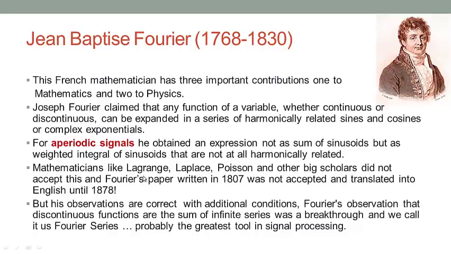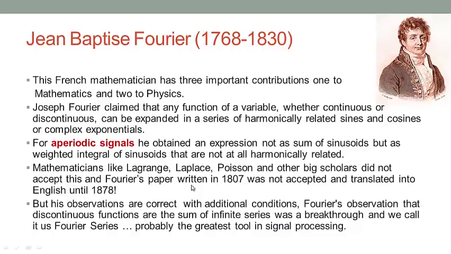So he was actually a student of great mathematicians like Lagrange, Laplace, and these scholars did not approve his paper, Fourier's paper, which was written in 1807, and it was not accepted. Lagrange was very much against his paper.